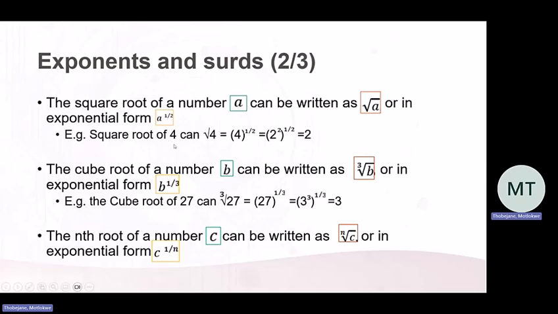Now let's bring it to life. Our A is 4, right? It means the square root of 4 can be written in this format. You can express it in exponential format in this way: 4 to the power of 1/2. When you simplify it further, the square root of 4, you will say 2 to the power of 2.